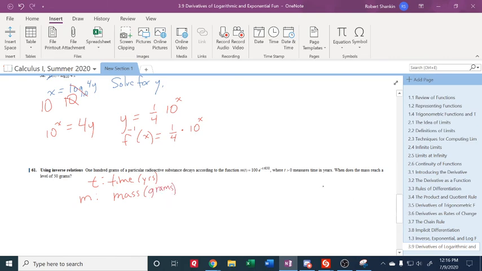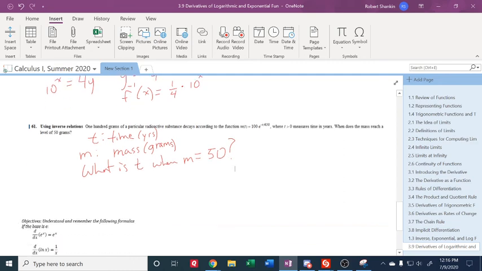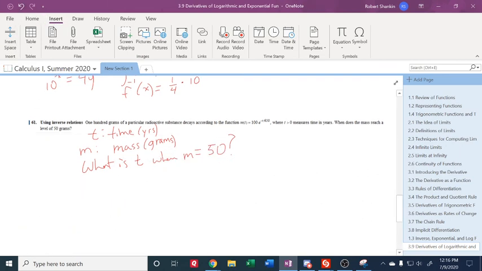So, when does the mass reach a level of 50 grams is really asking, what is T when M is equal to 50. So we've translated that into words, and now we just need to plug in the equation. 50 for the M.